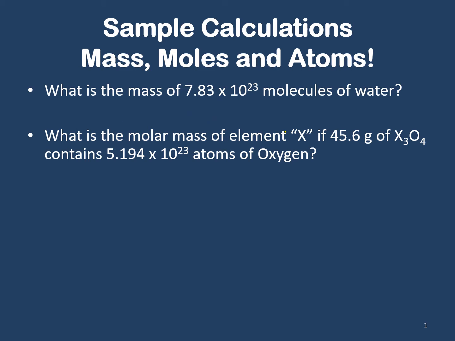What is the molar mass of element X if 45.6 grams of X3O4 contains this many atoms of oxygen? This is probably one of the harder problems we could see. Right now, we know that the molar mass of element X is what we want. And we know that in 45.6 grams of this compound, we have this many atoms of oxygen.